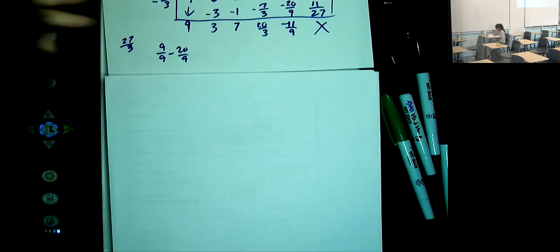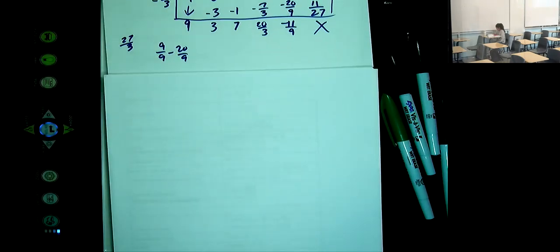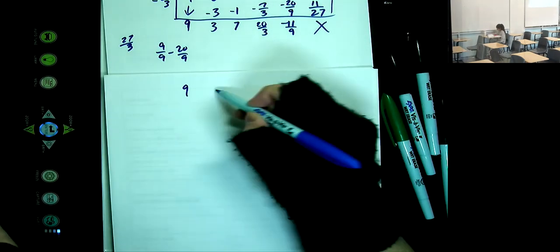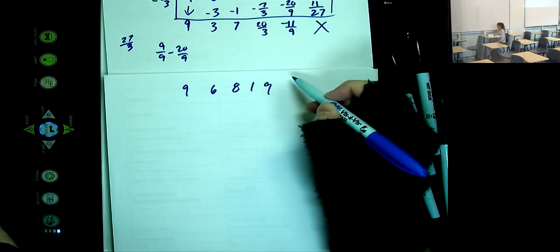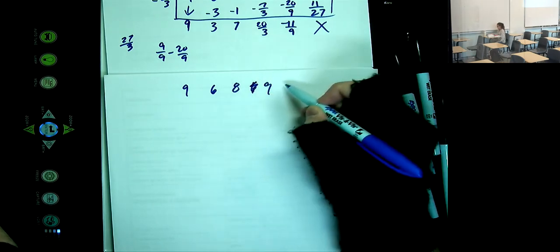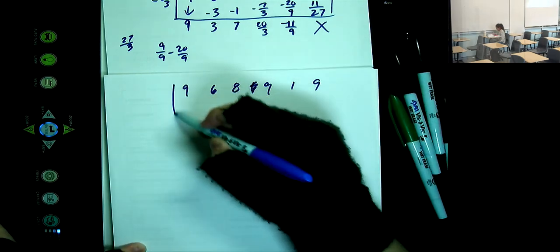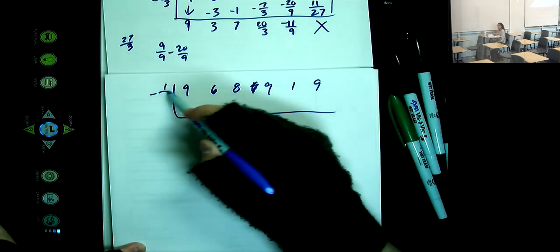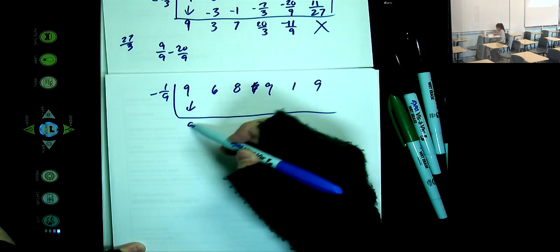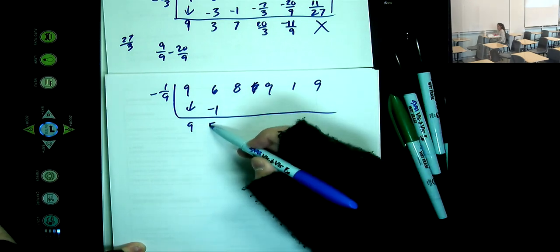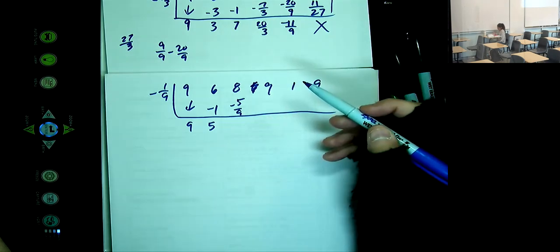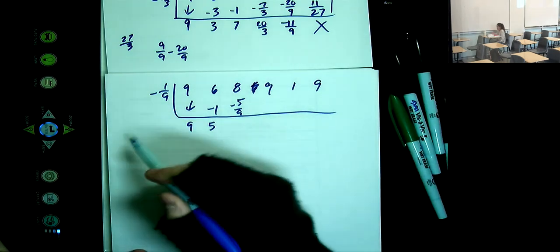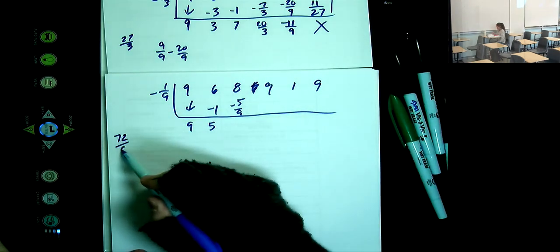We may not have any rational roots. Eight is 72/9.